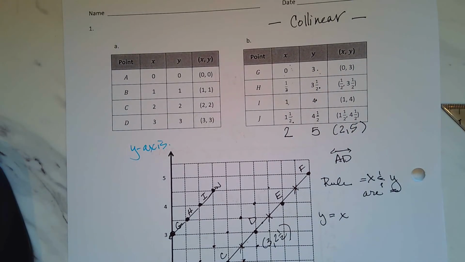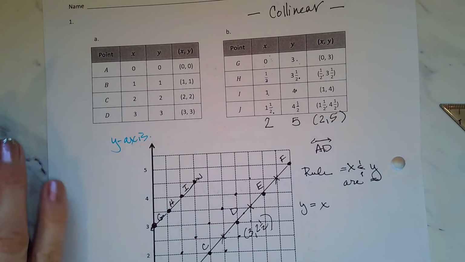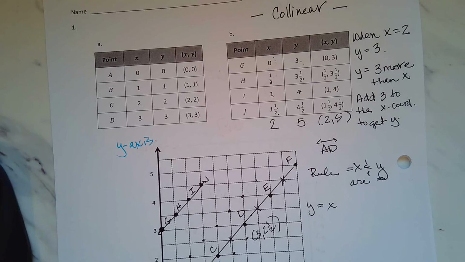Correct? So, what I want you to do by yourself really quick is I want you to write a rule. Use x is, y is, y does this, x does this. I want you to write it somewhere on the side here. Go ahead and go. Okay, so how did you do?